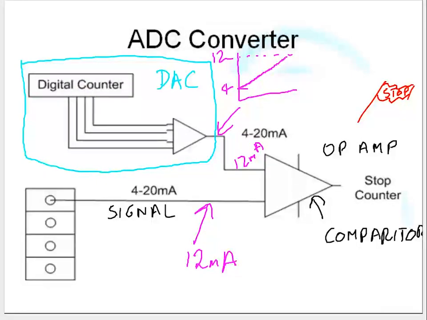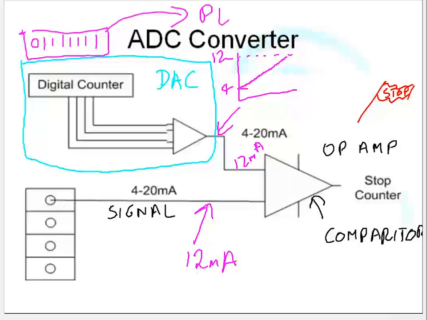And the counter, if it's an 8-bit counter, would contain, in this case, somewhere along the lines of 1, 2, 3, 4, 5, 6, 7, 8, something like that. And that digital value will be sent off to the PLC. So an ADC contains a DAC, and the DAC increments until the signals are the same.